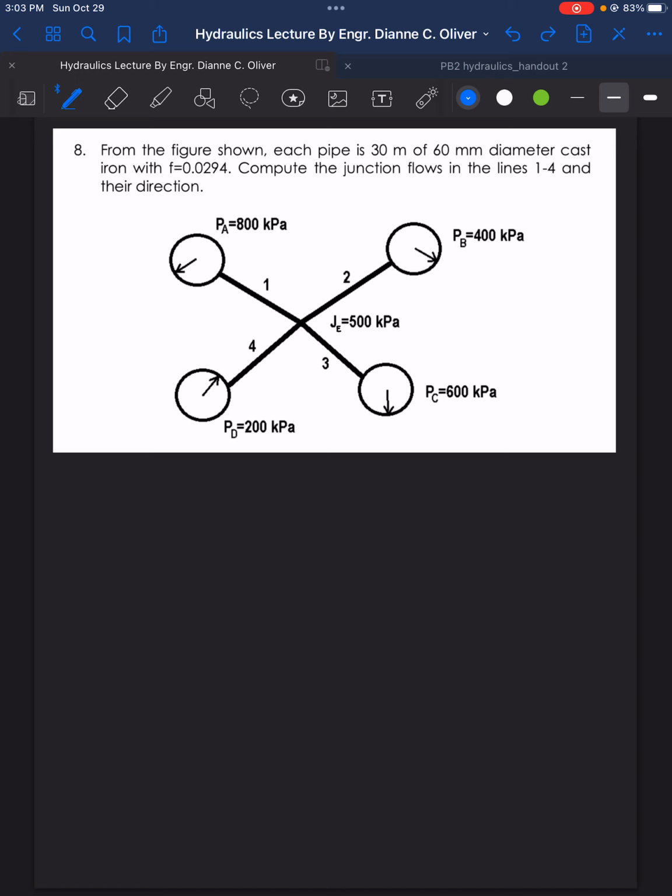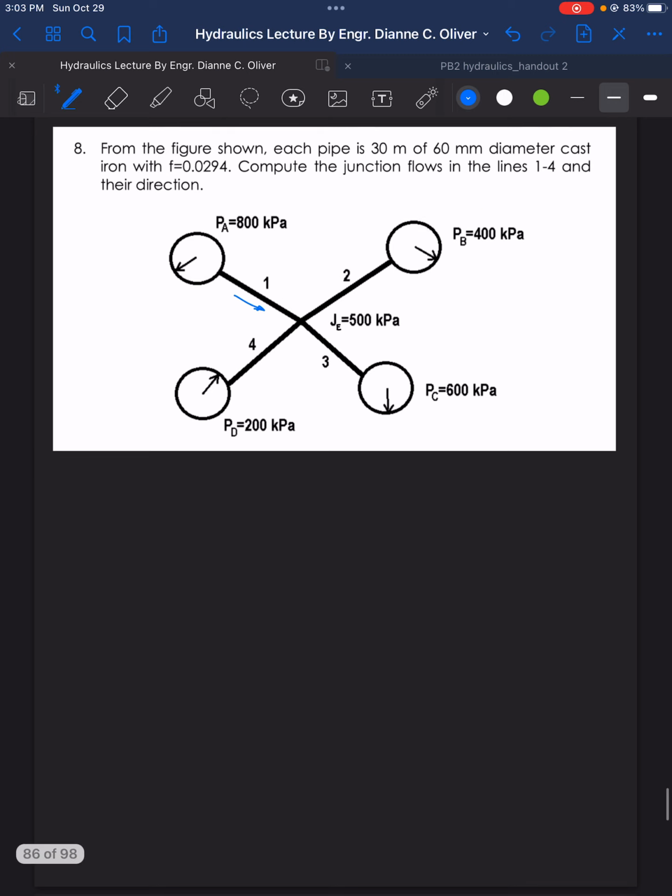So comparing the pressure from A to junction E, junction E is just 500 kilopascal, so therefore the flow is from the high region to the low region. So that is the flow from A to junction E.